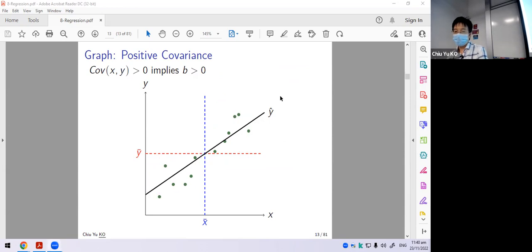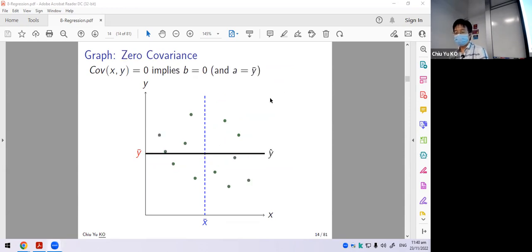So that's why B should be positively related to covariance. And easily you will see if covariance is 0, the slope of the line you fit should be 0, because X and Y have no linear relationship. So that means your A will be Y bar, right?